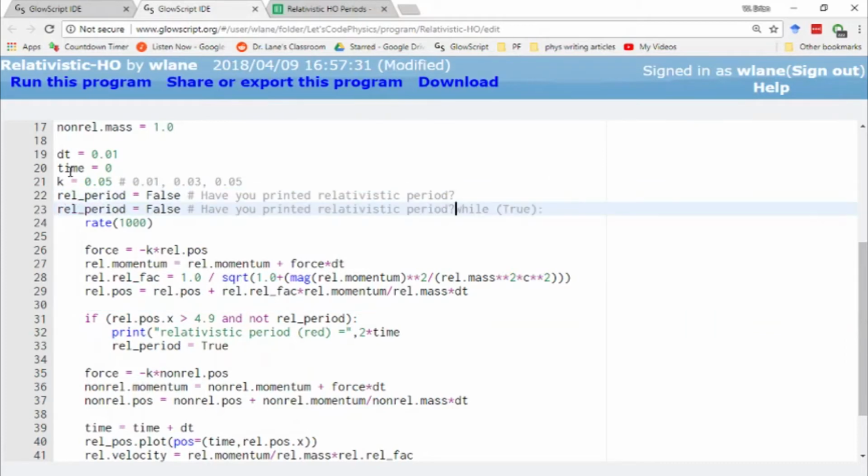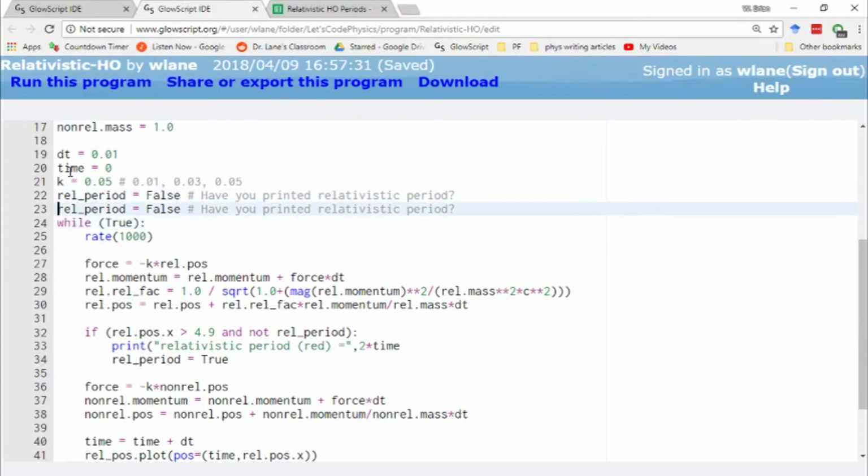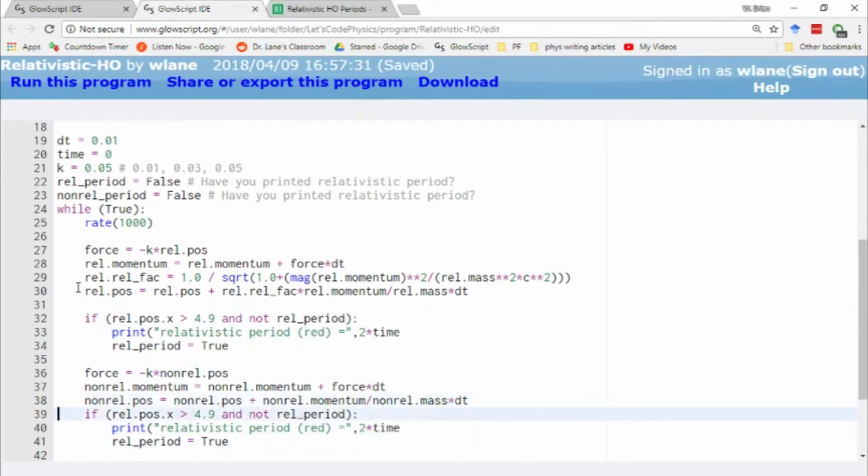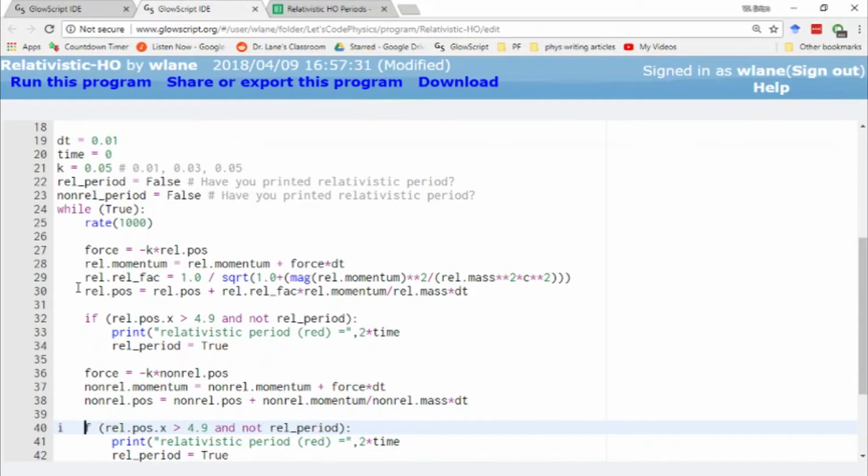Copy and paste. Make that non-rel. And then I just have to copy this block. Copy and paste. And all my rels need to become non-rels. This is going to be non-relativistic period.